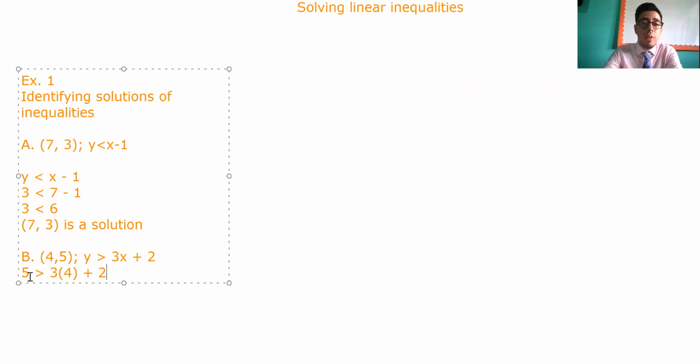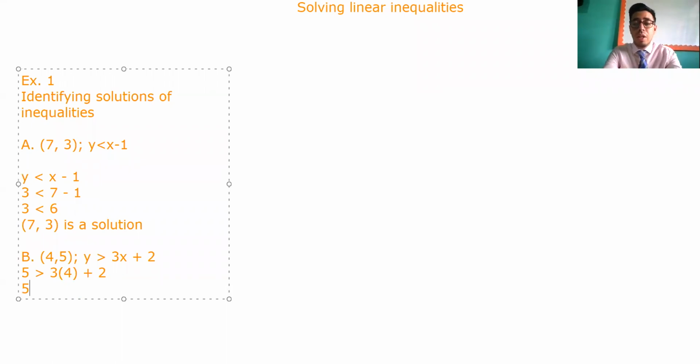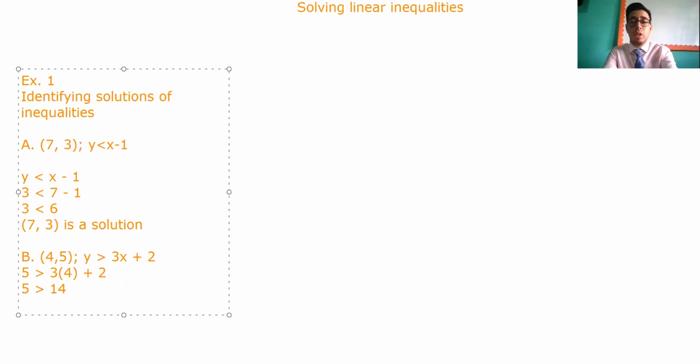Because 5 is never going to be greater than 12 plus 2. You have that 5 is greater than 14. That's not correct. 5 couldn't be greater than this number. So we can say that the ordered pair 4, 5 is not a solution.